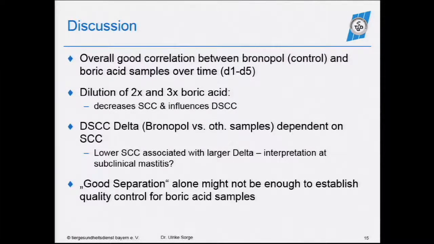And my problem with it is that with the low SCC, you have a much bigger diversion or variability in the results compared to our, let's call it, gold standard. And the good separation alone for the analysis of the samples might not be enough to establish the quality control for boric acid samples.